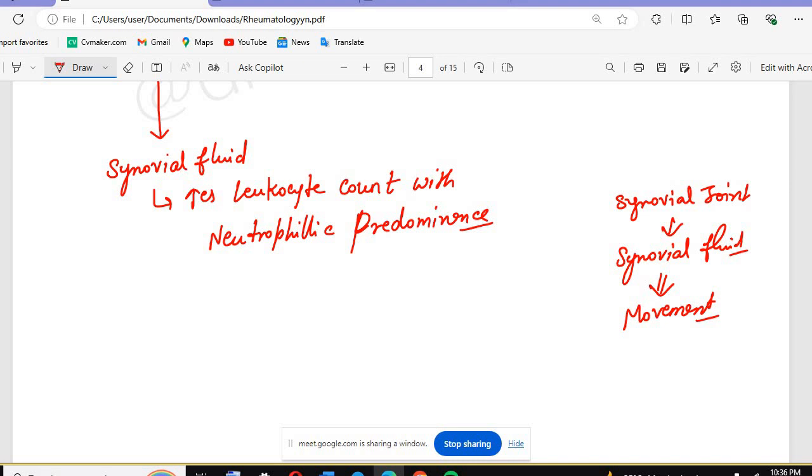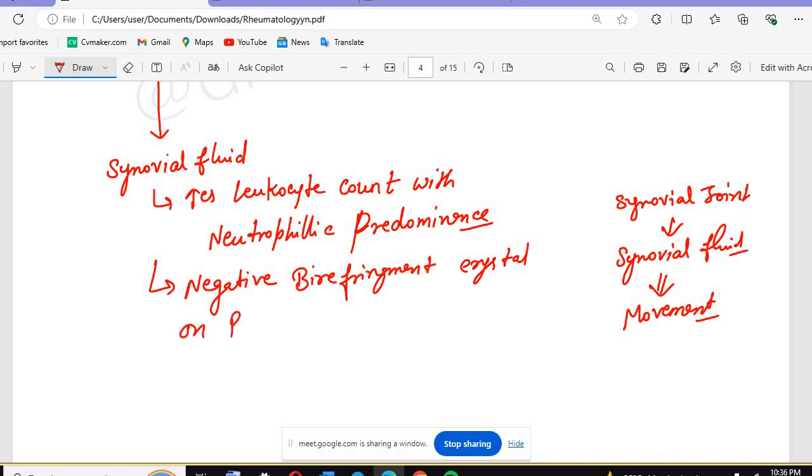If you do microscopy of the synovial fluid, on polarized light microscopy you will see negative birefringent crystals.